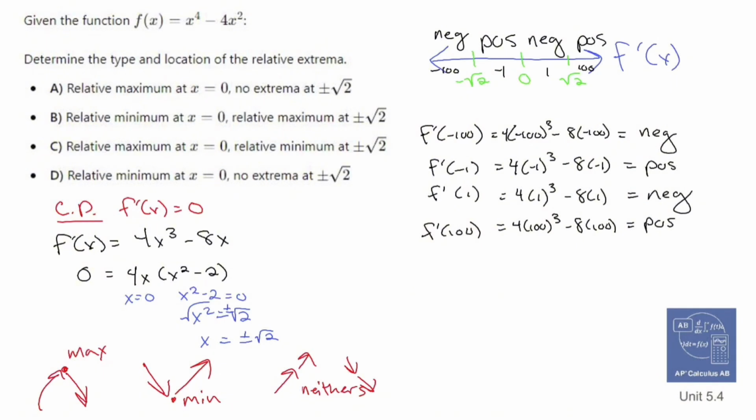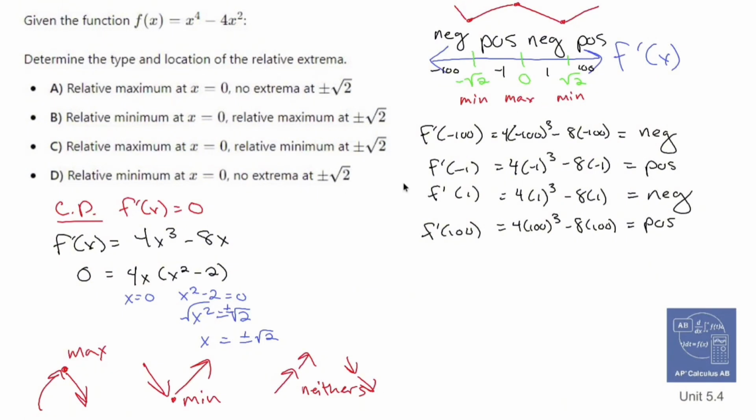So this is what we're looking at: negative, positive, negative, positive. Negative root 2 is a relative minimum because it goes from negative to positive. 0 is a maximum because it goes from positive to negative. And positive root 2 is going to be a minimum again.